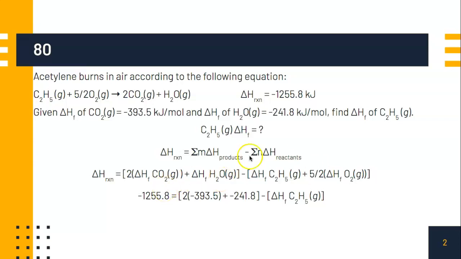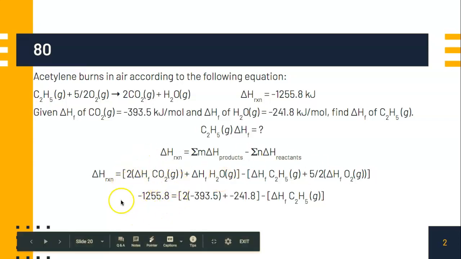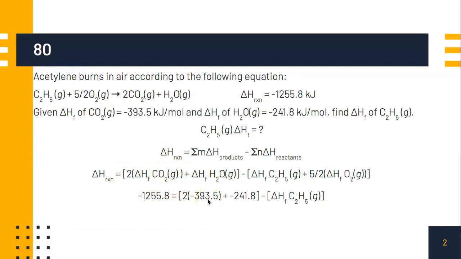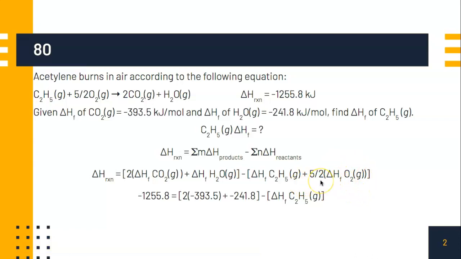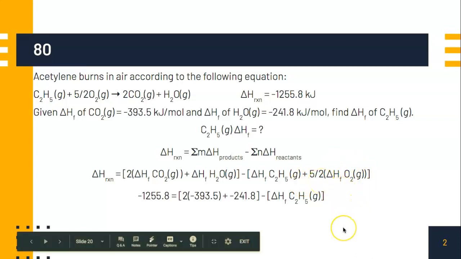So I've got our heat of reaction, because we know that. I've got 2 times the heat of formation of carbon dioxide gas, the heat of formation of water vapor, and then here is our unknown, because our heat of formation of diatomic oxygen gas is 0. 0 times 5/2 is still going to be 0.